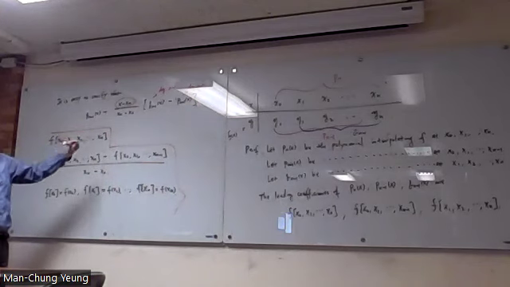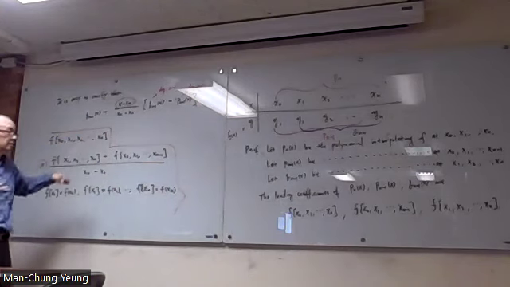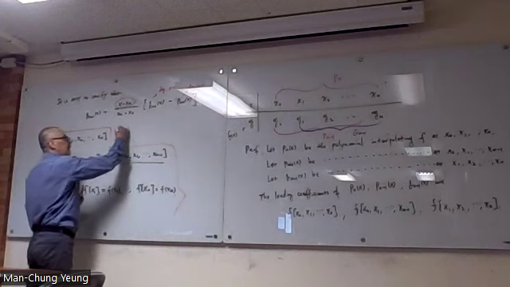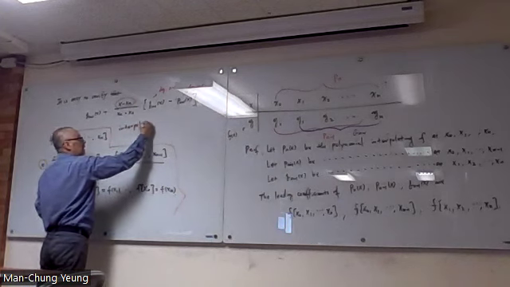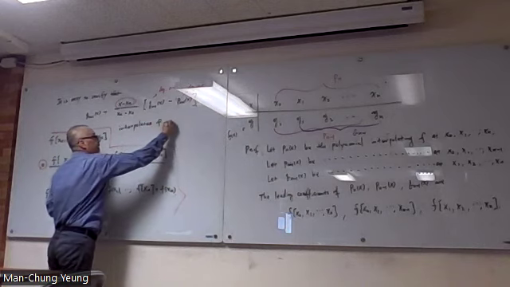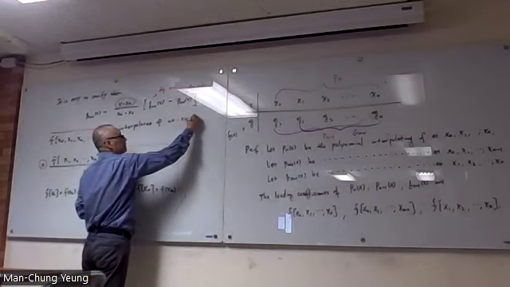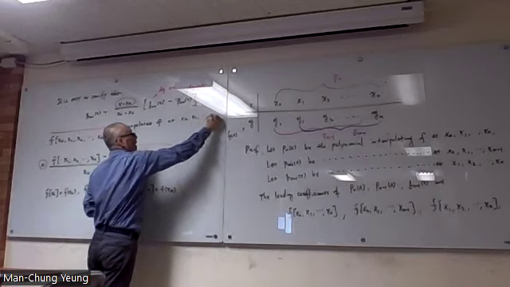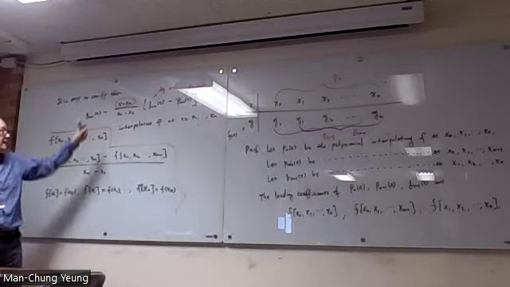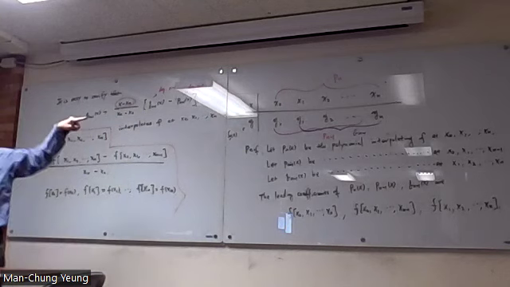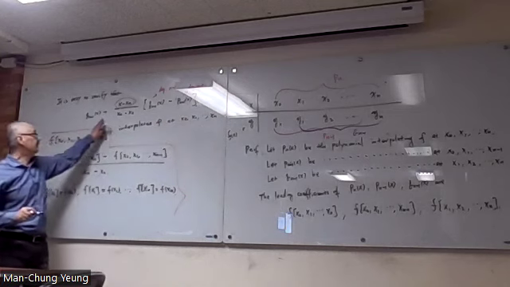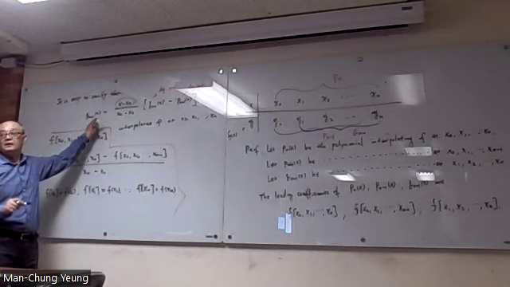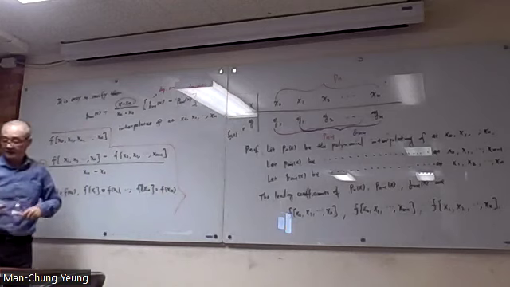It's easy to verify that this polynomial interpolates the function f at all the data points. That means this polynomial passes through all the data points. How? Plug in x0 for x and check them one by one.